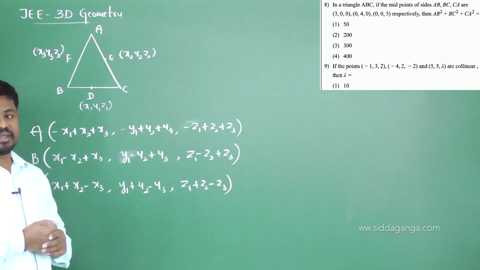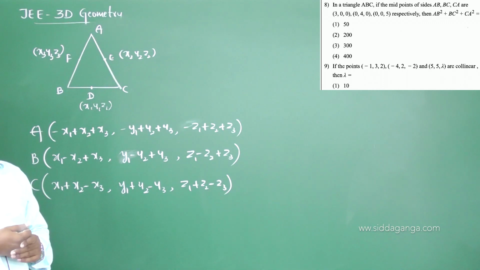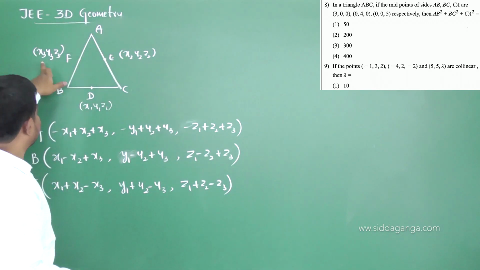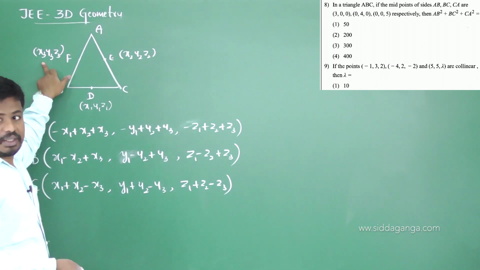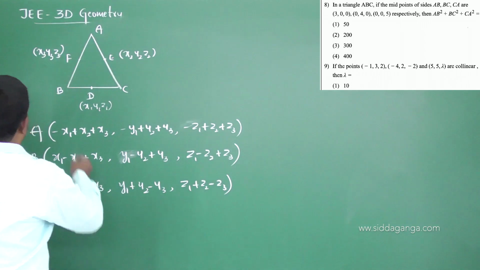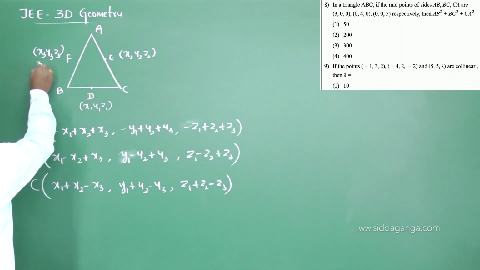They have given in a triangle ABC the midpoints of the sides. The midpoint of AB is 300.